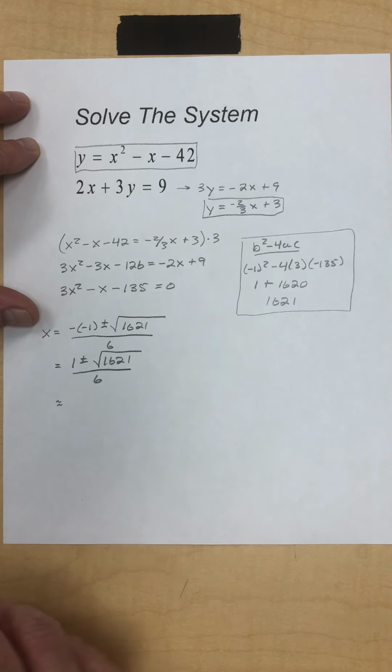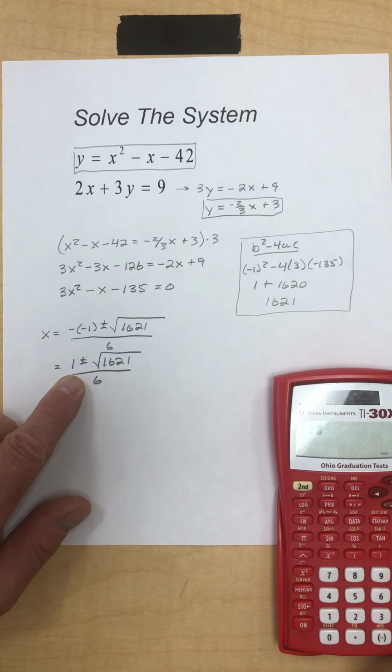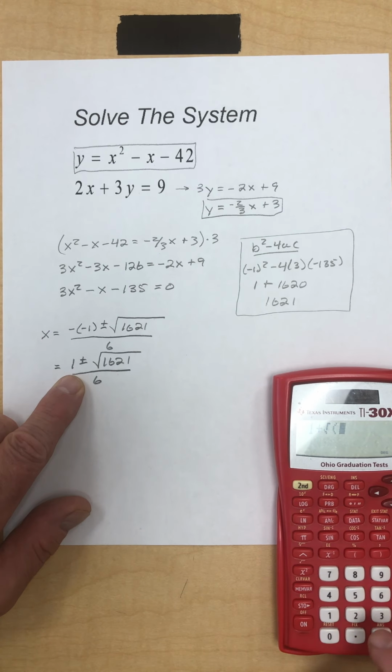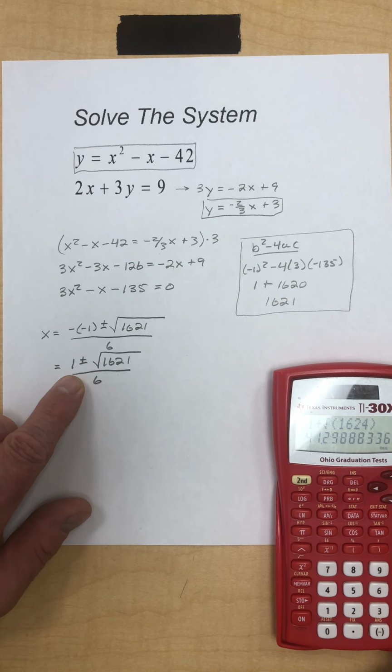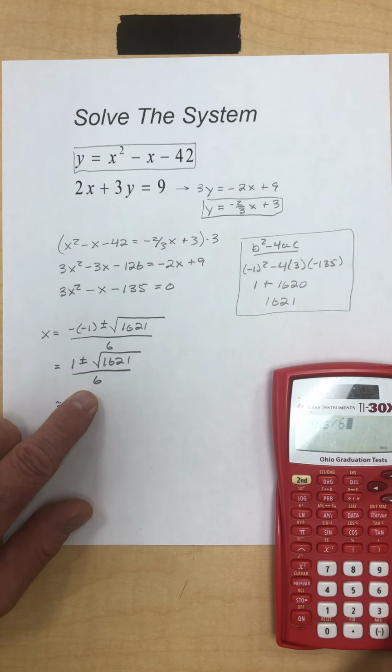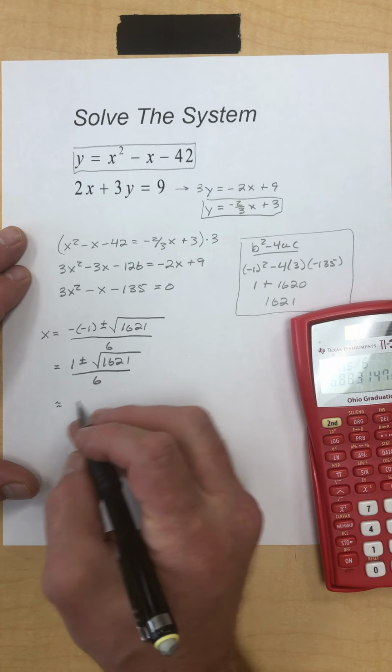So let's see what happens here. If I go 1 plus square root of 1621, hit enter, and then divide by 6, and then round off to the nearest hundredth, it's approximately 6.88.